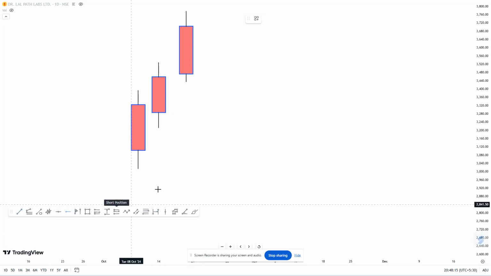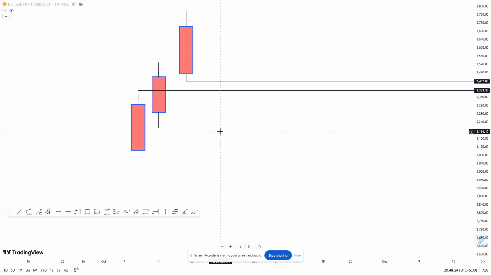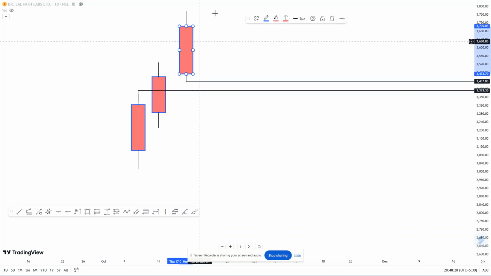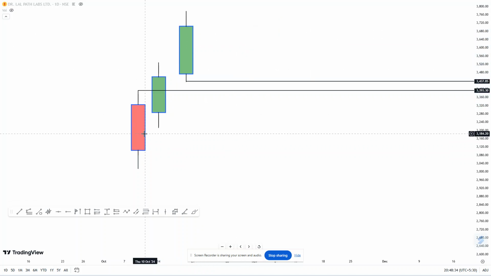What we have to do is find the gap between the first candle high and the third candle low. Simple, right? And in the opposite way, let me put it green. This is for an uptrend, right?